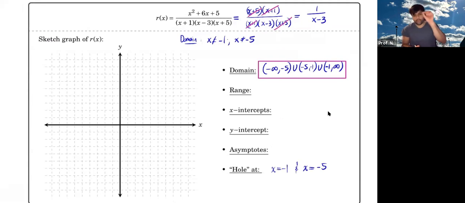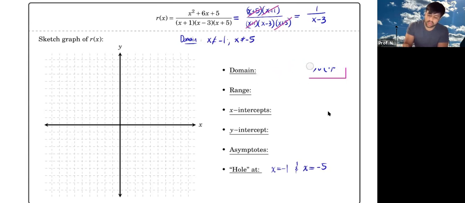So we're gonna have a hole, not an asymptote. There will be asymptotes though, because my function r of x, when you did all the cancellations, resulted in 1 over x minus 3. We know what that's gonna look like. X minus 3, that means that the domain also, pardon me, this is not completely true, because the domain also does not include 3.